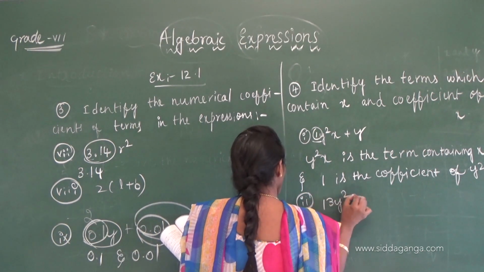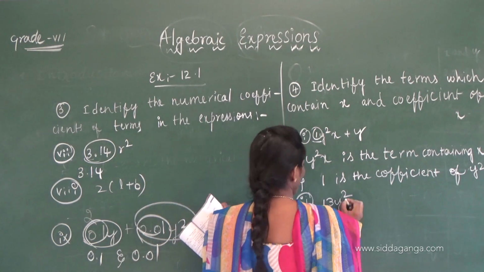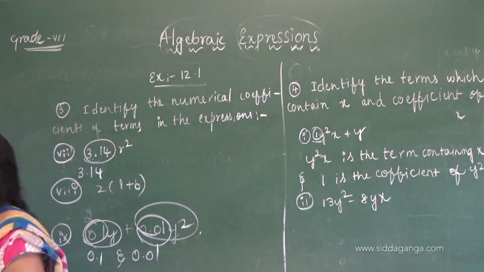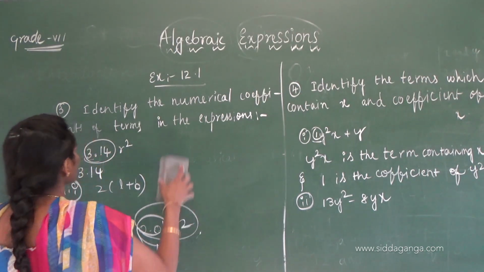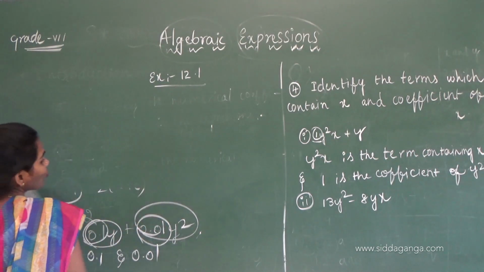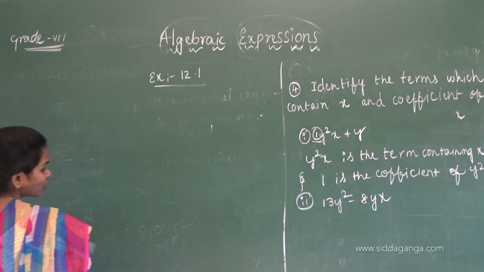13y square minus 8yx. Here it is having two terms, that is 13y square and minus 8xy.